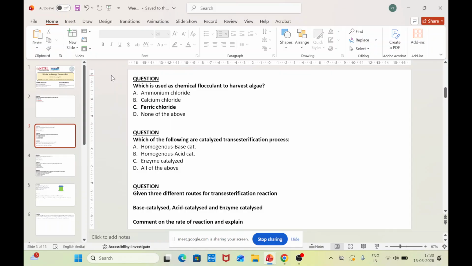So a flocculant is something that basically helps the process of flocculation. It makes the flocculation process happen. So what is flocculation?